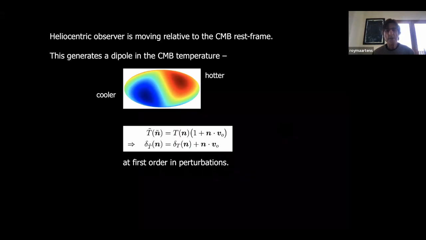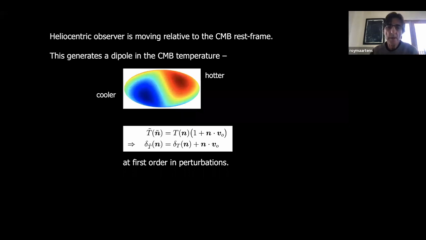And there's quite a simple expression for that. The temperature of the CMB for the heliocentric observer, with the tilde, is given by the CMB temperature plus a correction, which is the radial component of the relative velocity, n dot v naught.